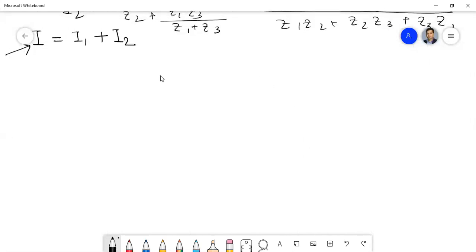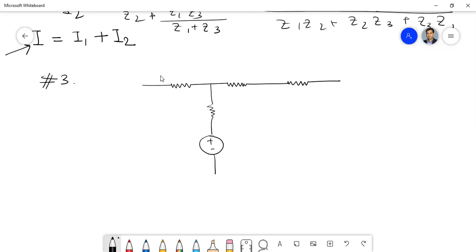Okay. Now today also we'll start with a numerical problem. Let us take some circuit like this.